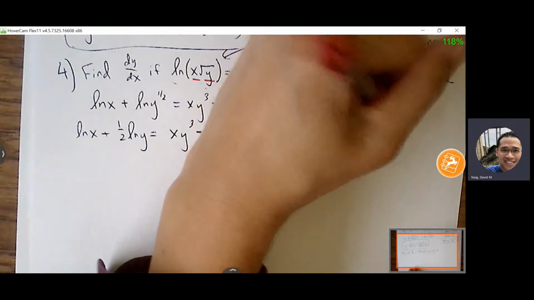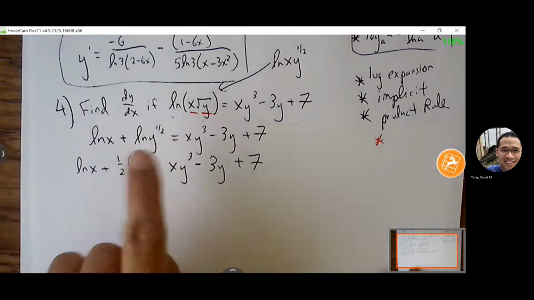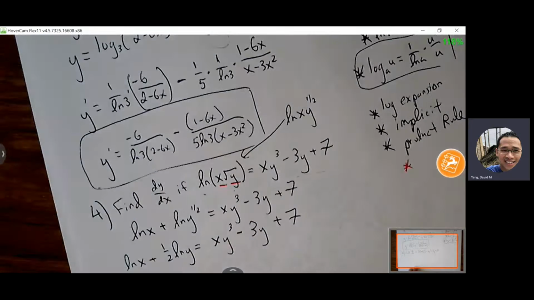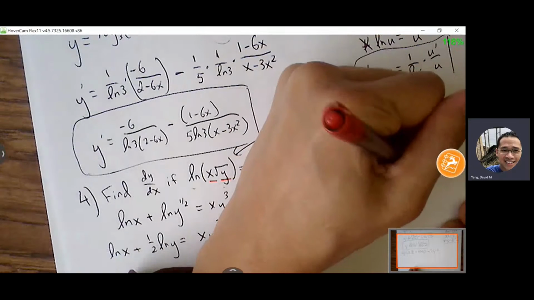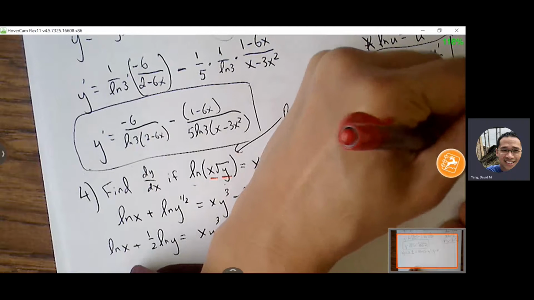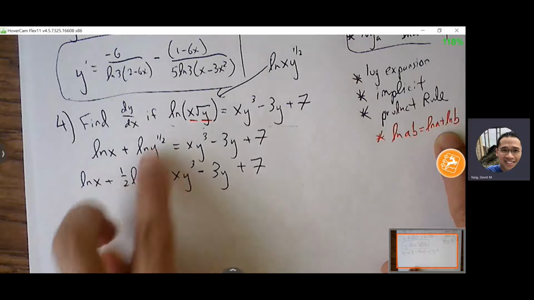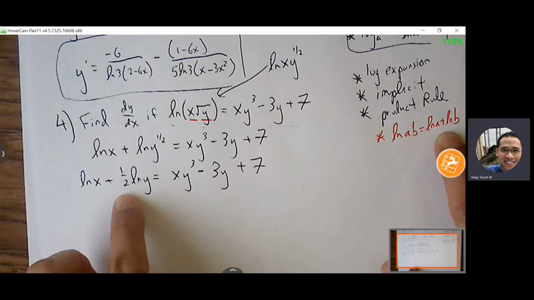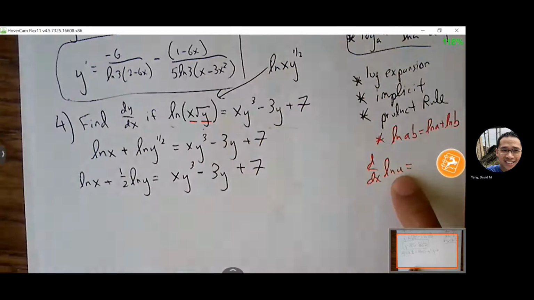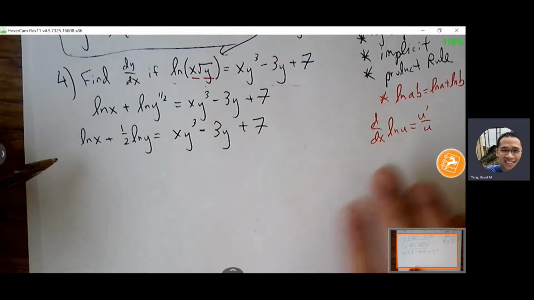Oh, right. So we have a log expansion that looks like this. If I have natural log of AB, I can expand it into natural log of A plus natural log of B. Right? Just expanding here. And I can also push that exponent down in front as well. So do you guys remember the rule for natural log of u? Okay, so what does natural log of x turn into?